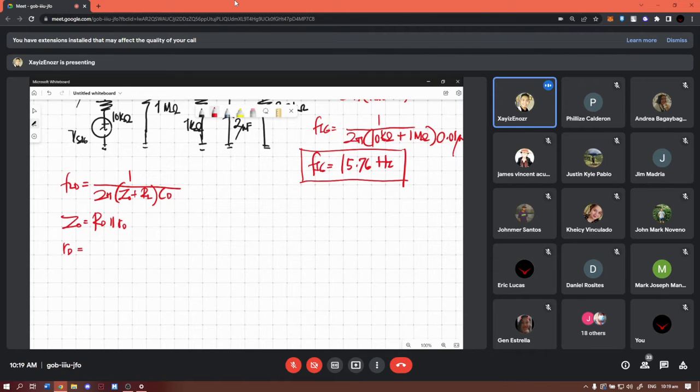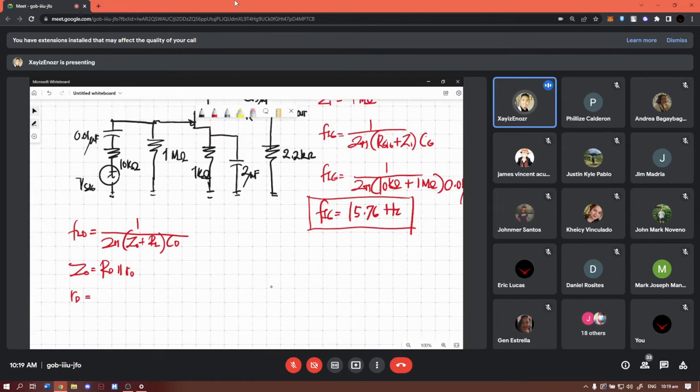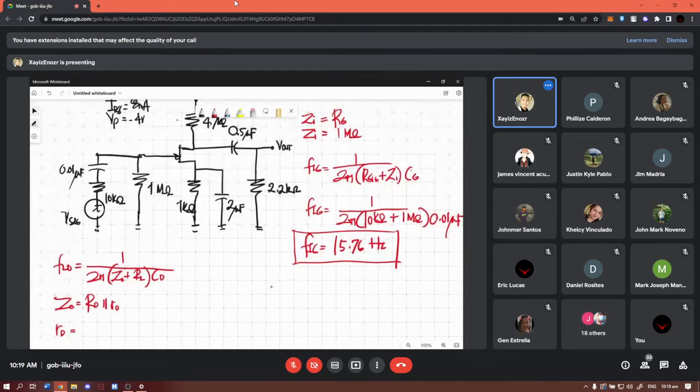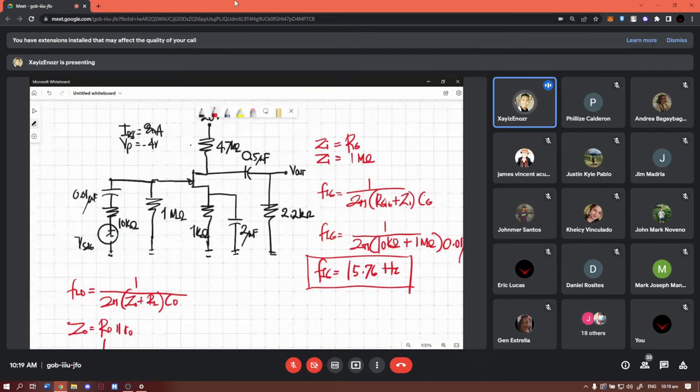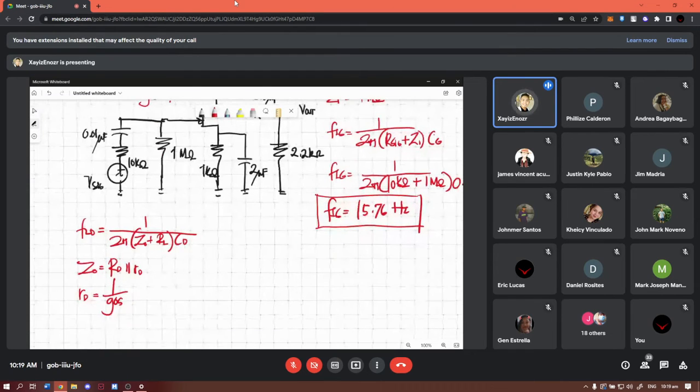If rd is not given, rd is 1 over gos. Here, our gos is not given, so it is missing. This means our rd is equal to infinity.